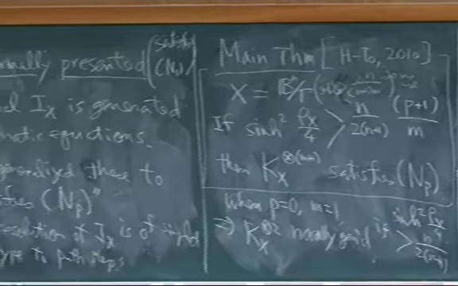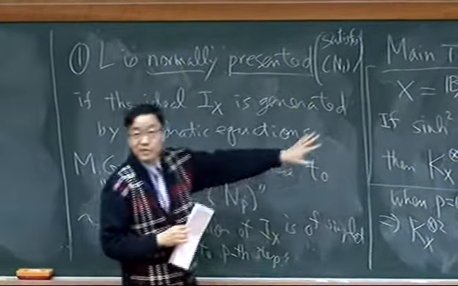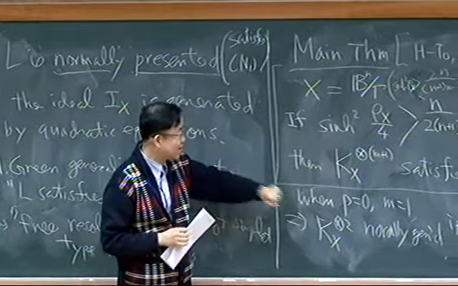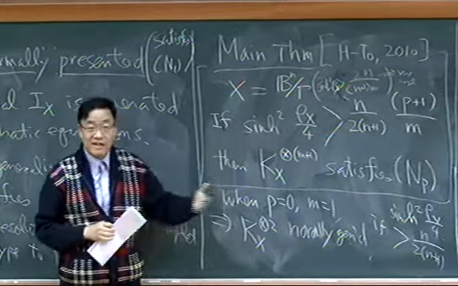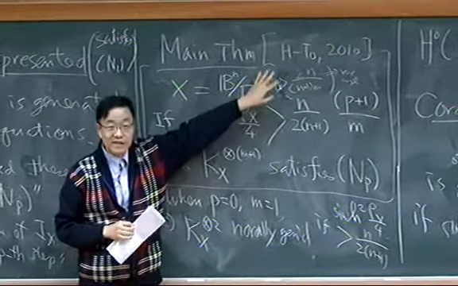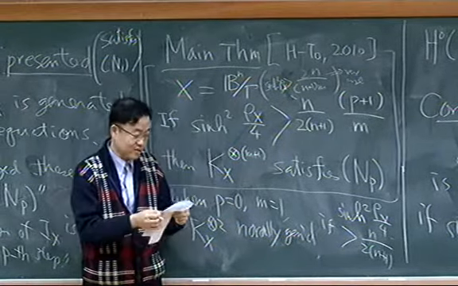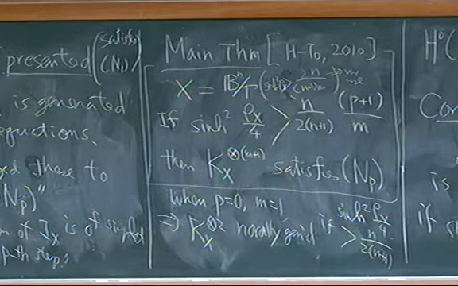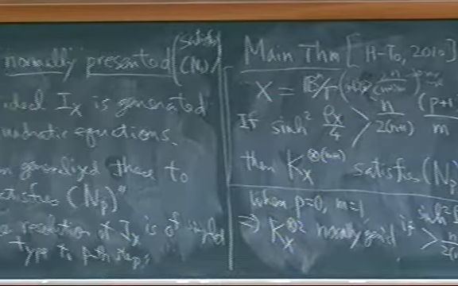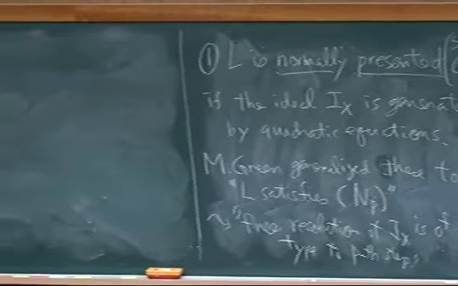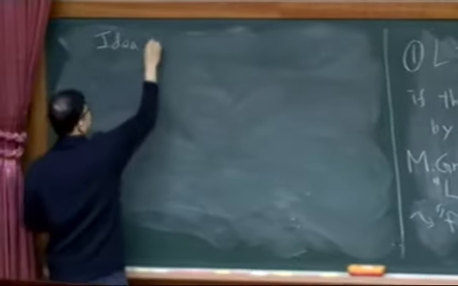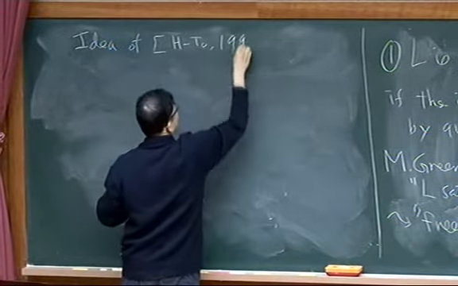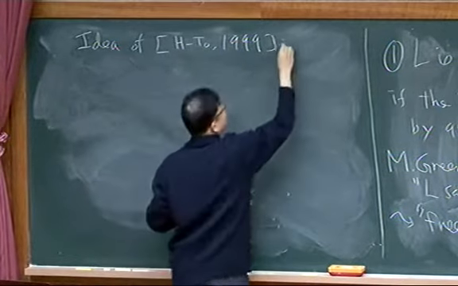And now I'd like to explain the idea behind the proof of this. But before explaining this, I need to explain the idea behind the very ample case, which was in 1999, which is easier. So let me recall the idea behind the effective very ampleness.